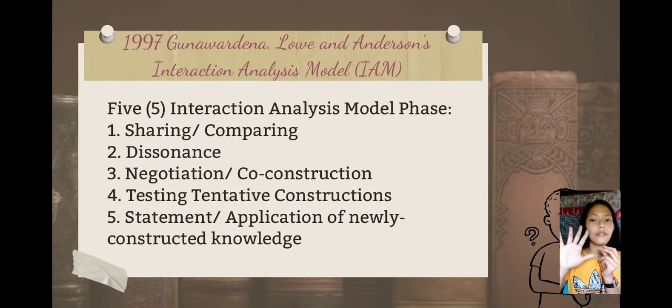Lastly, number 5 is the statement or application of newly constructed knowledge, which summarizes agreement and metacognitive statements that show knowledge construction. And that was the last interaction analysis definition from Gunawardena.